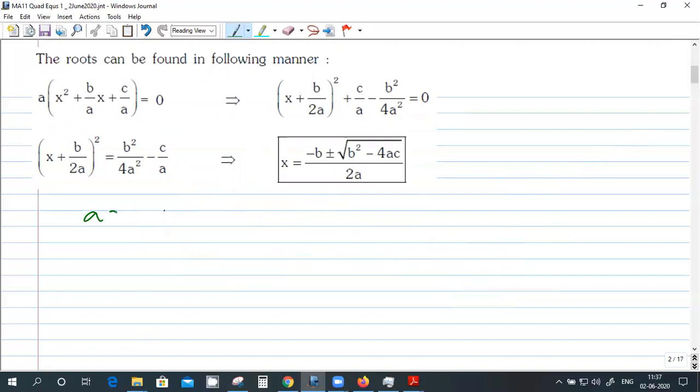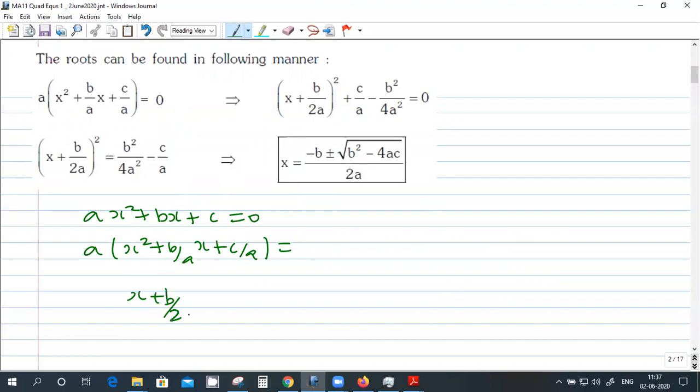It's ax square plus bx plus c equal to 0, right? So take a outside: b by a x plus c by a equal to 0. And this you can rewrite as x plus b by 2a whole square.